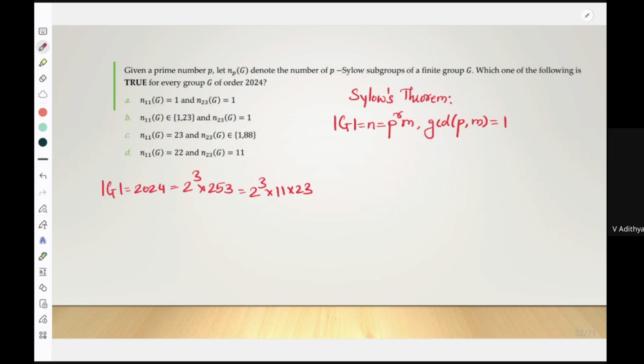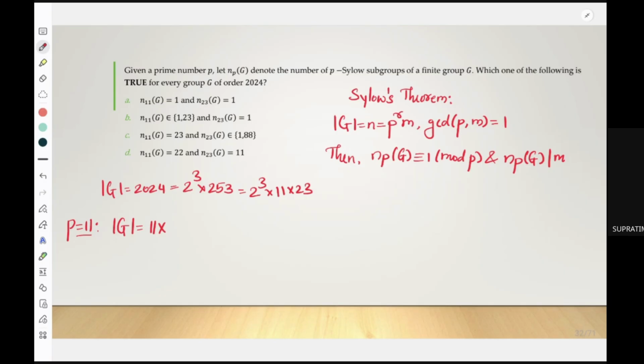Then n_p of G is congruent to 1 mod p, and n_p of G divides m. These are the two important things about the number of p Sylow subgroups. We can use that here. First, we'll start with 11. For p equals 11, you will have |G| is 11 times 8 times 23.